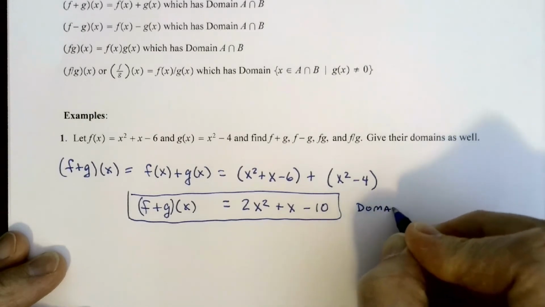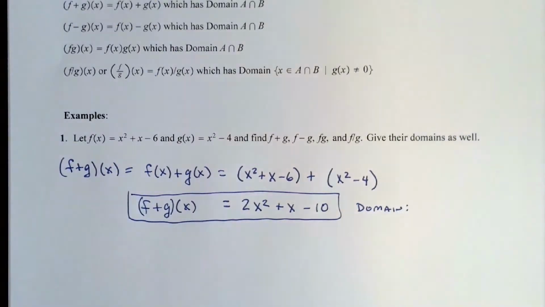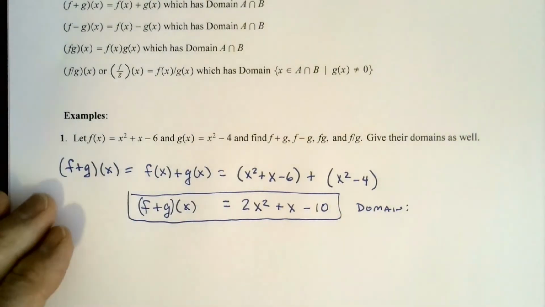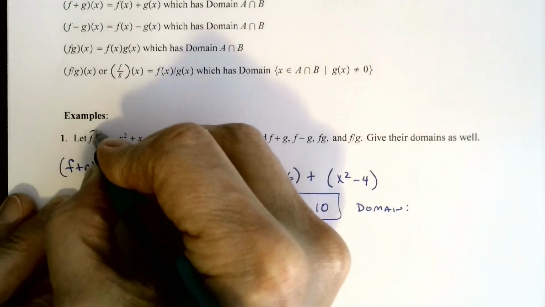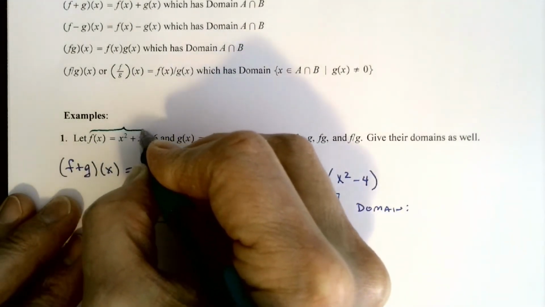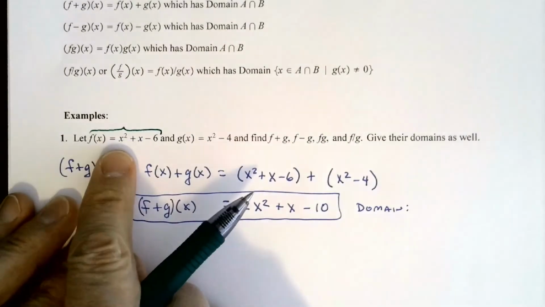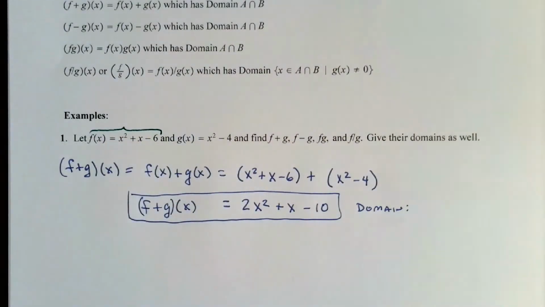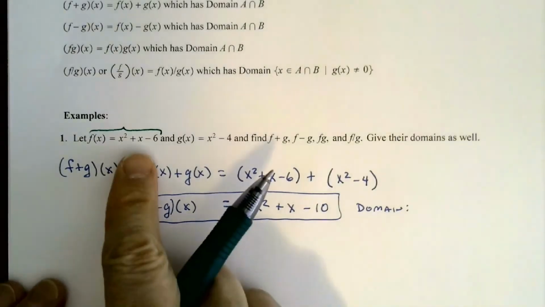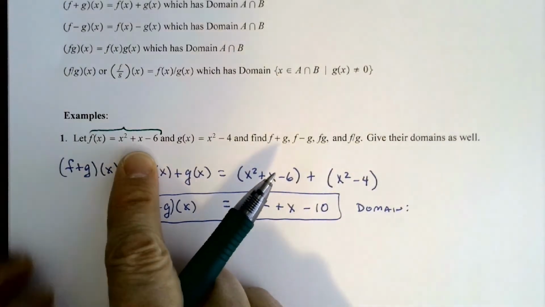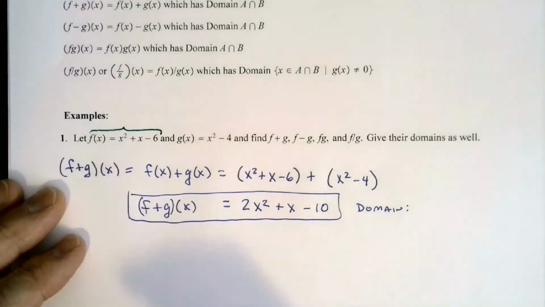Okay. Well, let's talk about the domain of the original two functions. What's the domain of the function f of x? Are there any values of x that result in an undefined expression? Are we ever dividing by 0? Are we ever taking the square root or an even root of a negative number? No. Right? In fact, this is a quadratic function, and we know from quadratic functions that the domain is all real numbers, right?